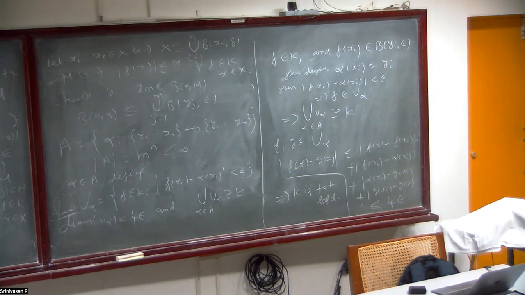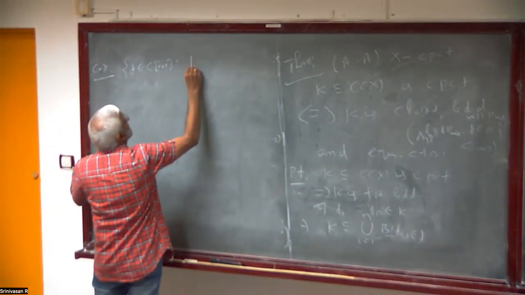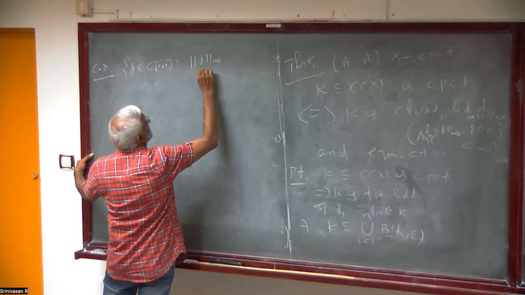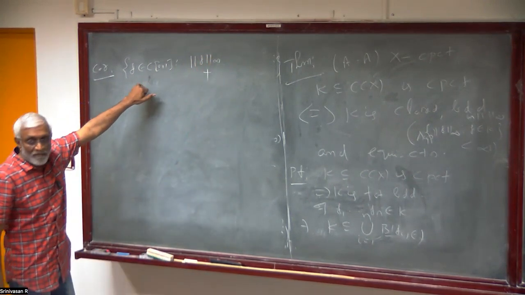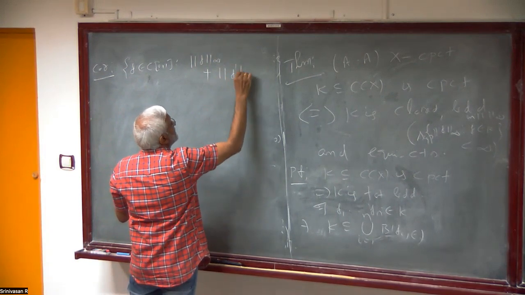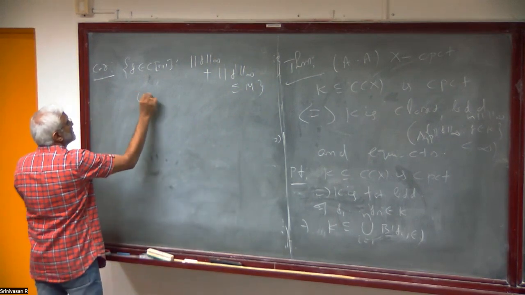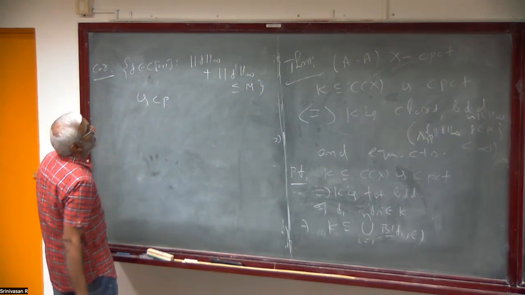So the first corollary: the set of f in C^1[0,1] such that the norm of f infinity, remember this is a compact set in this, and the norm of f prime infinity are less than or equal to M is compact.